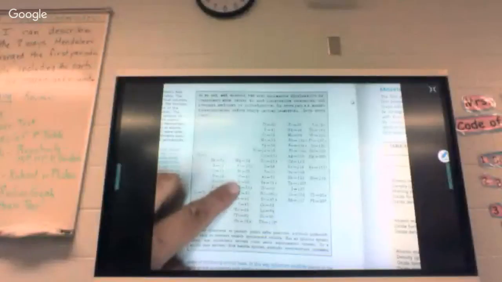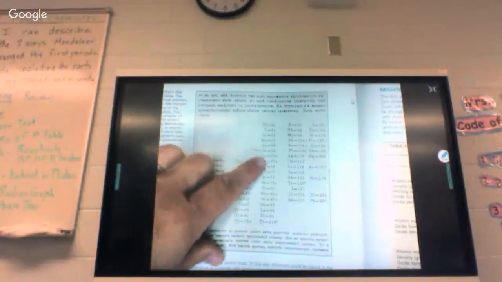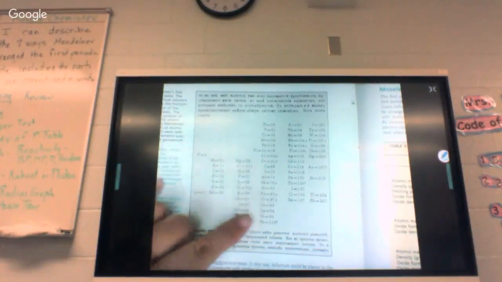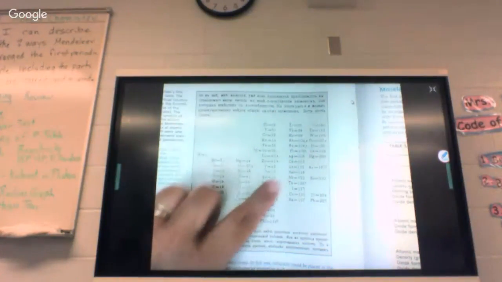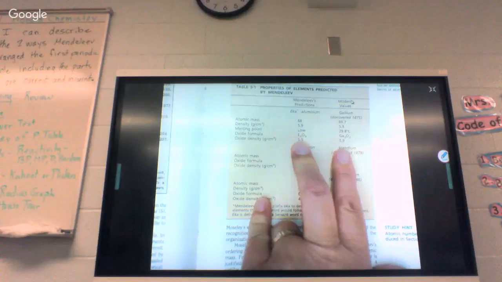You will notice the question marks. Those are places where he predicted elements would be discovered. He wasn't too terribly far off the mark with the numbers he came up with.